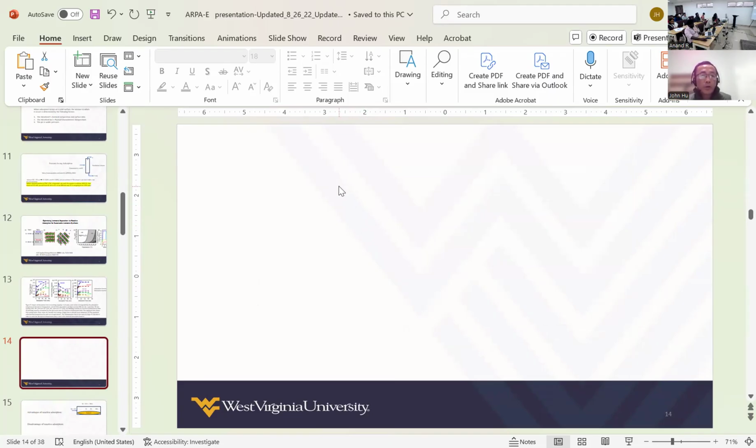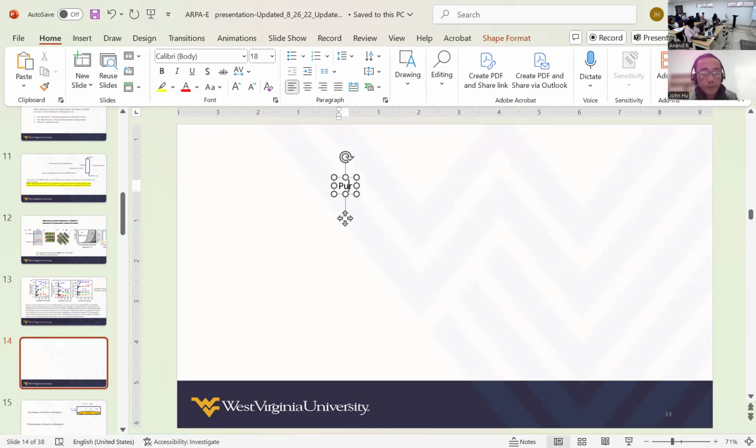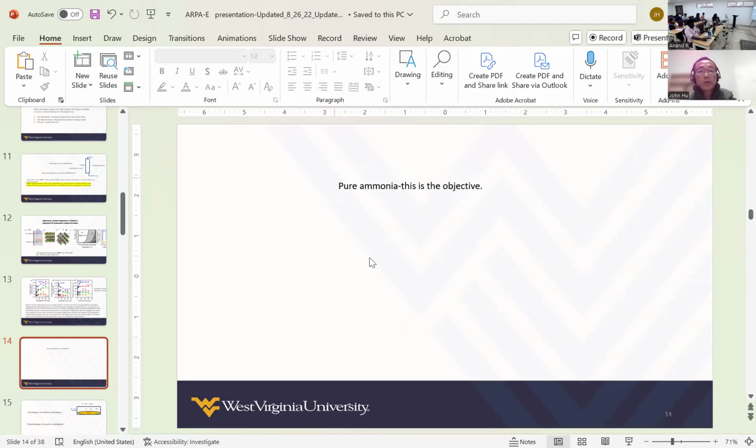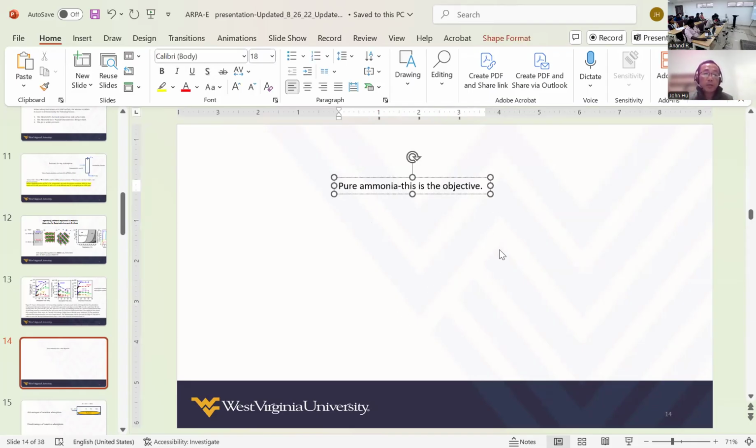So all of the separation we are talking about is for obtaining pure ammonia. This is the objective, because ammonia can be utilized for many industry sectors, like fertilizer, and refrigerant, and today ammonia can even be combusted.